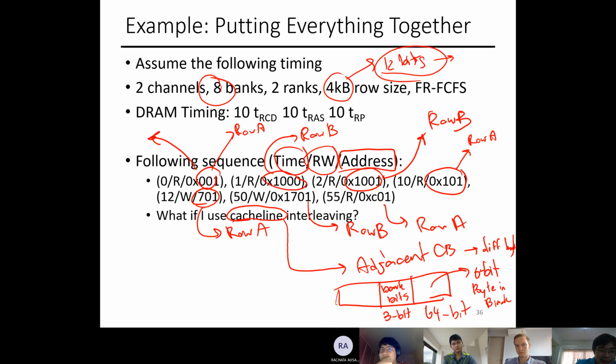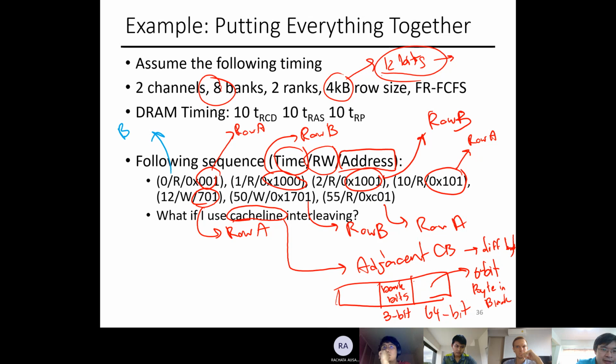Let's say this is going to bank A. Let's say that is going to bank A. Who else are going to bank A? I'm going to use a different color so that you can clearly see the bank and the row apart from each other.